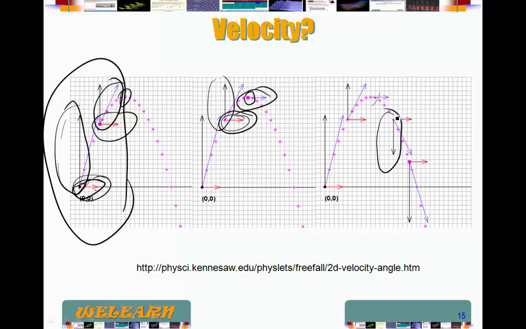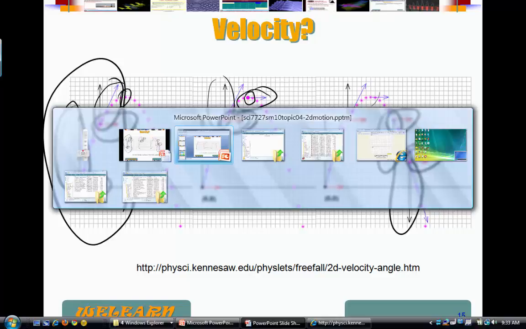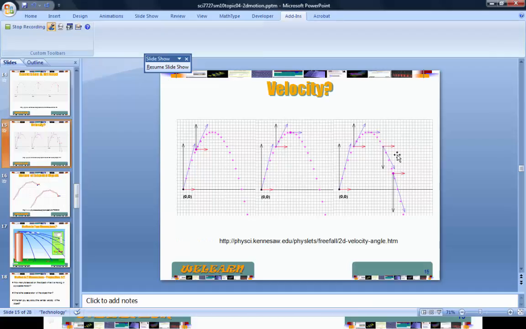So we have a higher velocity along the vertical and an even higher velocity along the vertical. Again, still, the horizontal component of the velocity is going to remain unchanged since we don't have an acceleration along the horizontal.